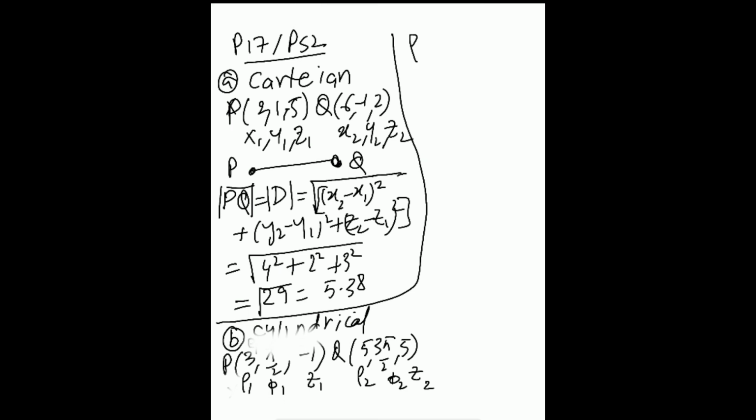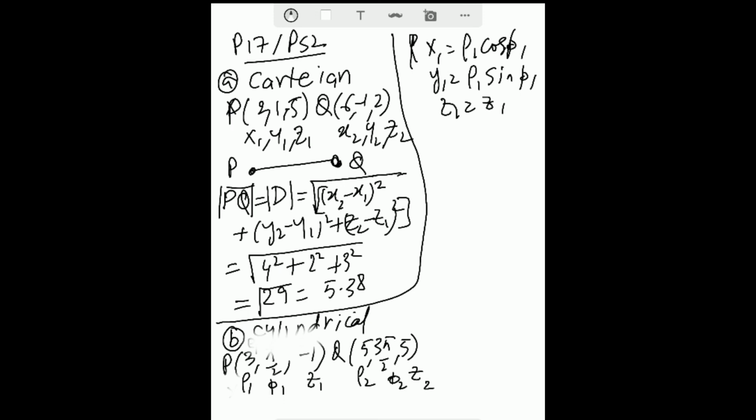So x1 is equal to row 1 cosine phi 1, y1 equal to row 1 sine phi 1, and z1 equal to z1, and x2 is equal to row 2 cosine phi 2, y2 equal to row 2 sine phi 2, and z2 equal to z2.